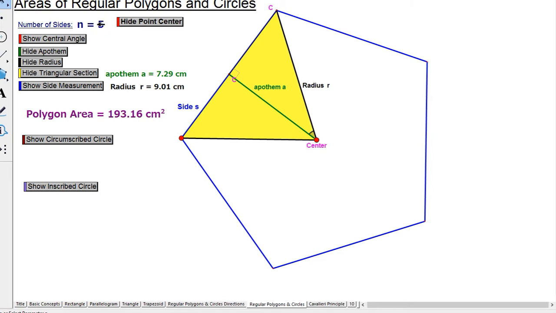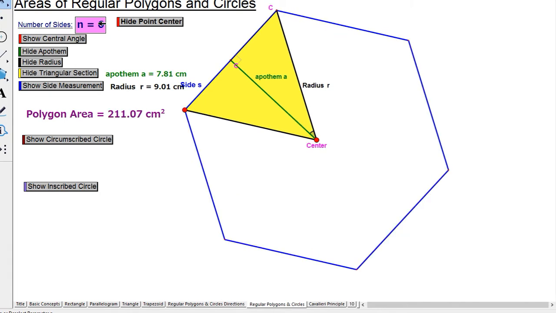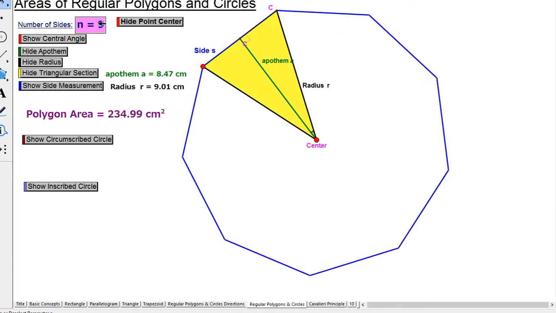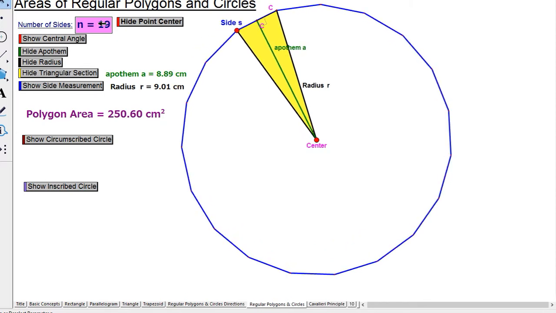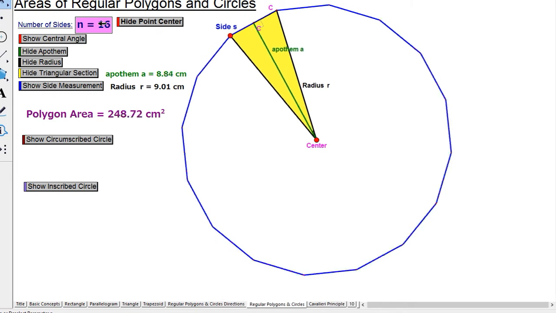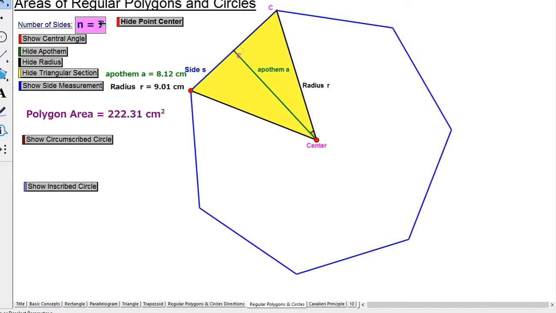And then we can go to 6 sides, a regular hexagon, and 7, 8, 9, and so forth up to 20 sides and beyond. All of these are regular polygons, and in each one we have a little triangular slice, and you're going to have n of these triangular slices.